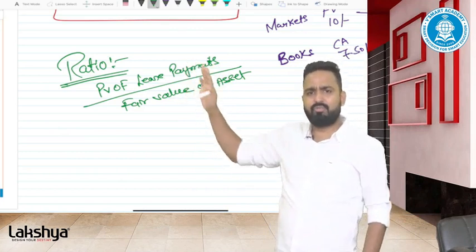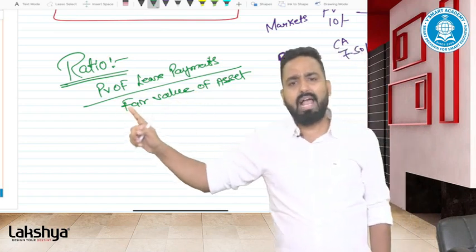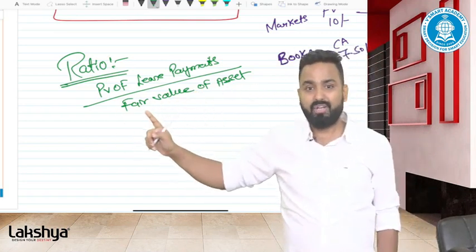What is the logic of this numerator and denominator? The denominator represents the total fair value of the sold asset, the overall value of the asset sold, that means the 20-year asset.